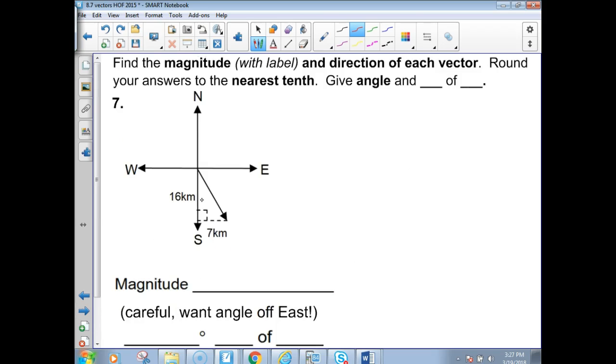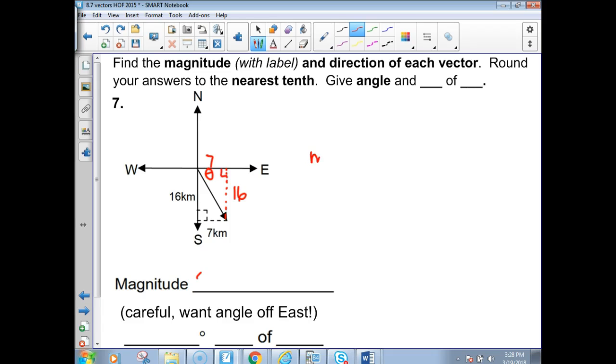Okay, so this one, see how they drew it? What's different about what I did? Don't go to the y-axis, all right? It needs to go to the x-axis. So we can fix this very easily by drawing a perpendicular up there, and then the 7 would go here, and the 16 would go here, and we'll be all set, because we actually want to know the angle that goes right there.